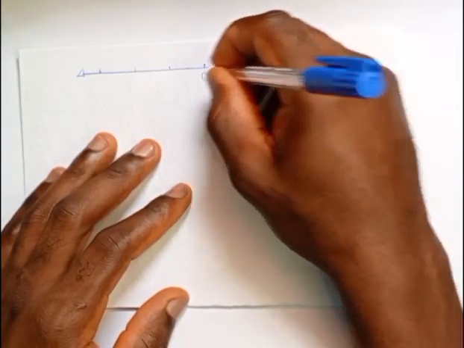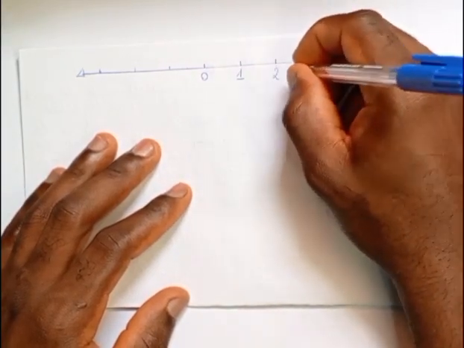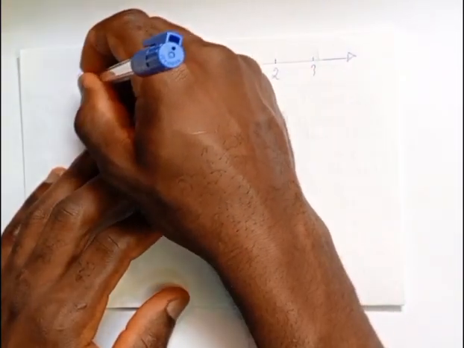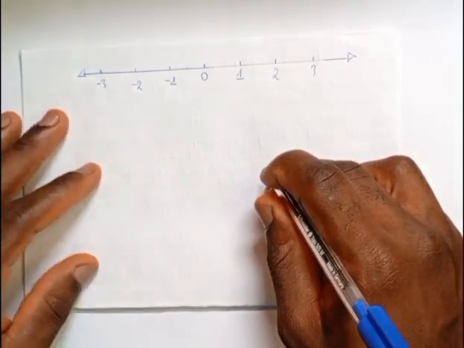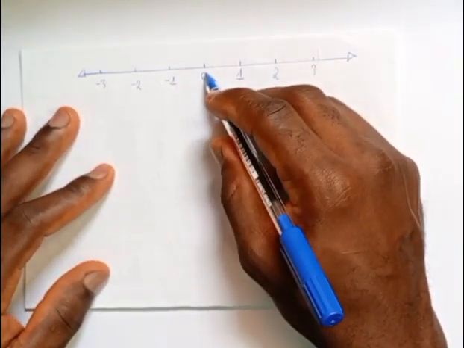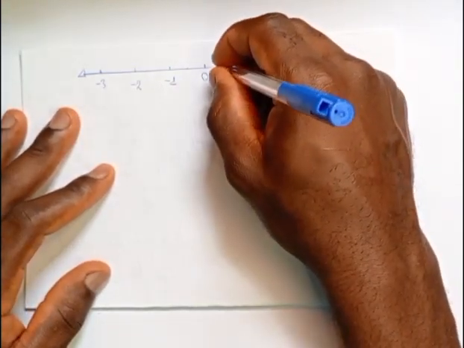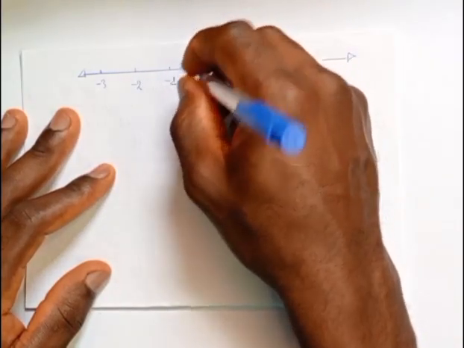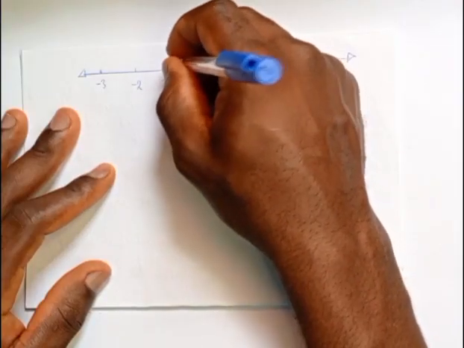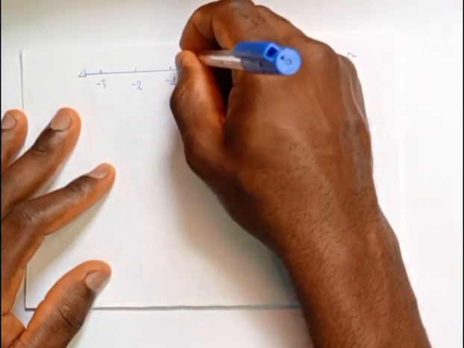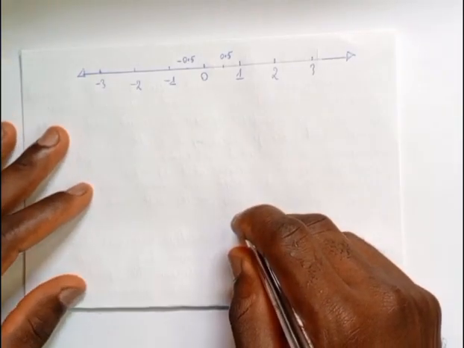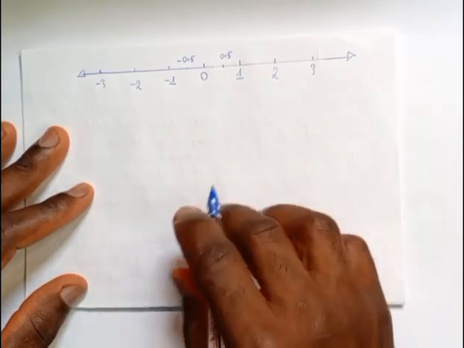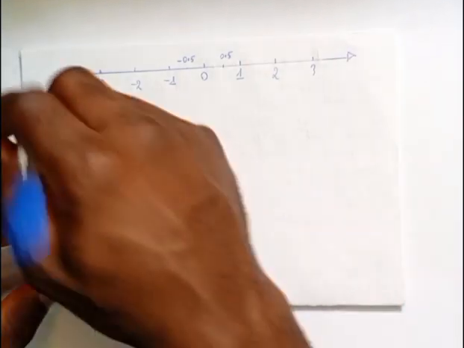This is our 0, 1, 2, 3, -1, -2, -3. In between 0 and 1, there is a half, 0.5. You can just indicate it here. Between 0 and -1, there's a -0.5. You can indicate it above. Moving to the left, negative numbers continue. Moving to the right, positive numbers continue.